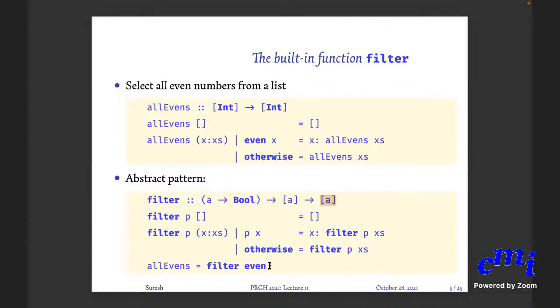But here, if the function is defined only for some specific type, say even x is only defined for int, then if the list is not int, it will give an error. But I'm not sure where it will give the error.